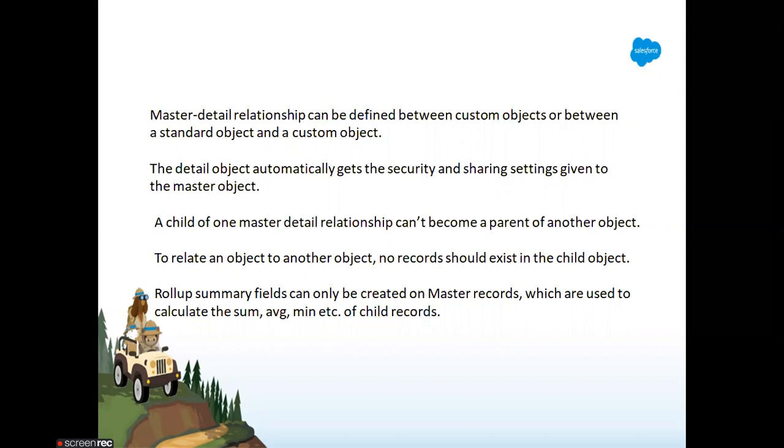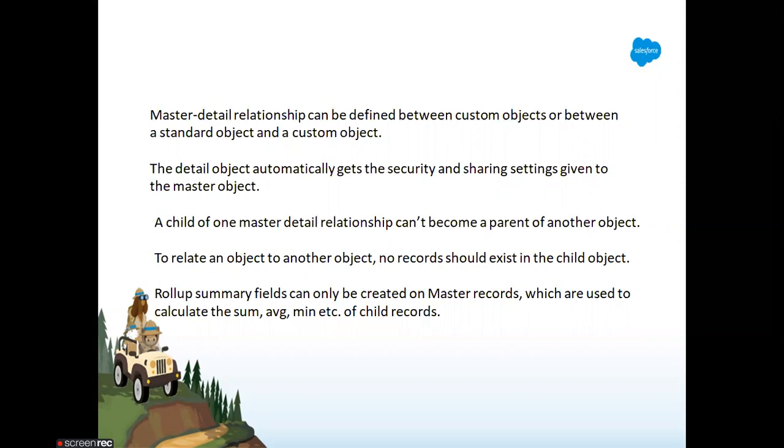We have to fix this particular point, because we have to discuss it further. Roll up summary fields can only be created on the master record, and are used to calculate the sum, average, minimum, maximum of child records and display these values in the parent.